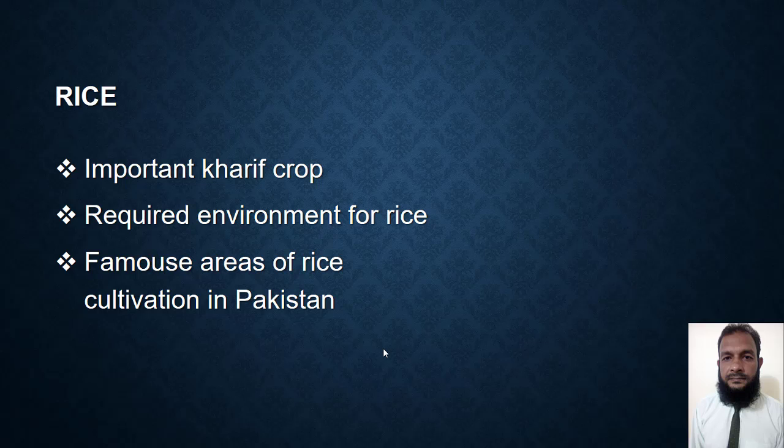Rice crop. Rice is a type of crop which belongs to the category of Kharif crops. What kind of environment is required for the production of rice crop?